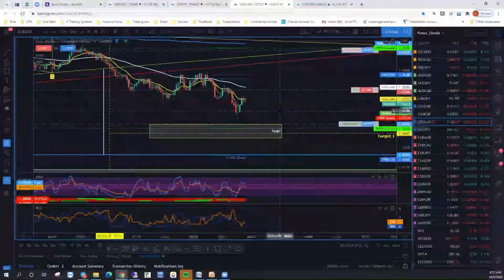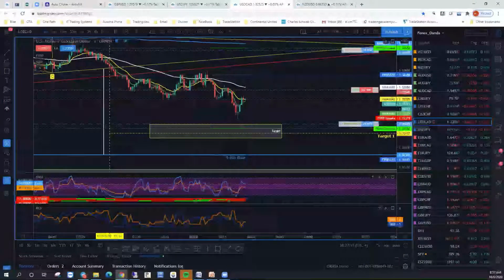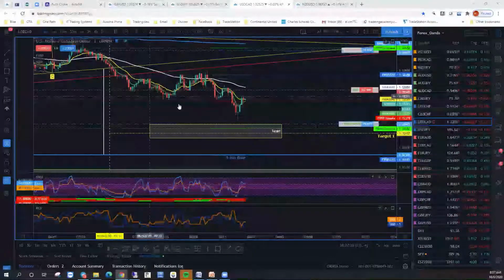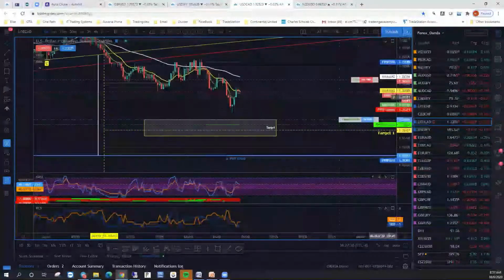This will be good. Because this is just making a bigger wedge. It's a bigger move down than a 5-minute wave on the way down. It's quite a significant move there.